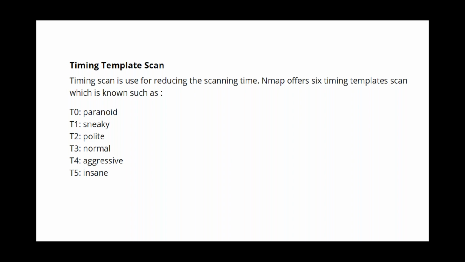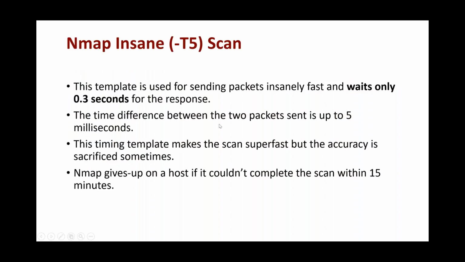And insane is which timing template? You should say T5. T5 is the fastest, T0 is the slowest. The T5 template sends packets very fast and waits only 0.3 seconds for the response.